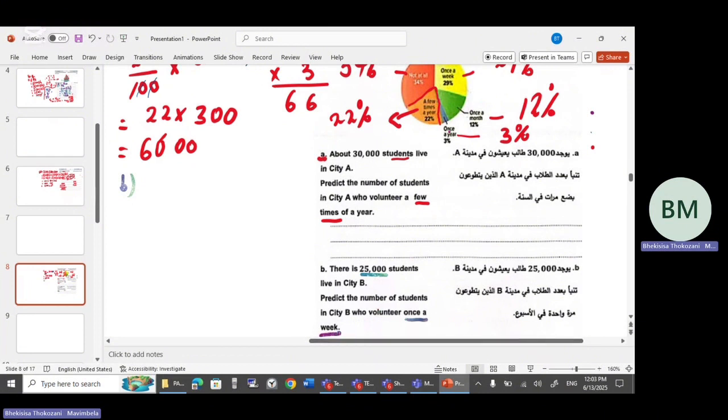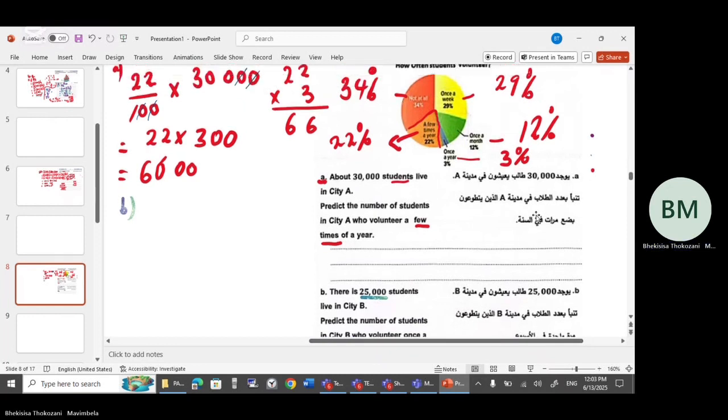Now you go to your once a year on your graph, and in this case, this one here, that's your once a year. So now you are going to make your ratio, which is 22/100.